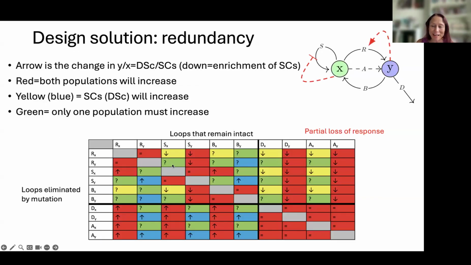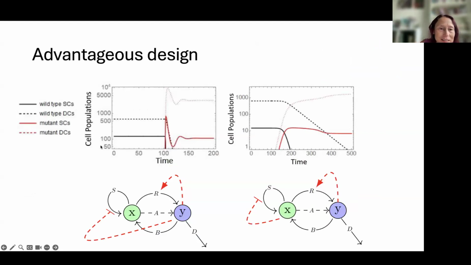So let me show you some of the green ones. Greens are good, right? So let's take a look at this one. We start with an equilibrium of normal cells. These are stem cells and differentiated cells. And then we introduce a mutant that breaks one of these two loops. I don't remember which one. So we start with these two loops, and there is some initial adjustment.